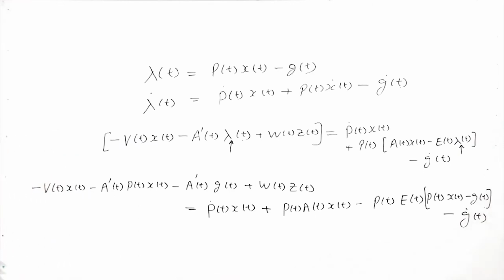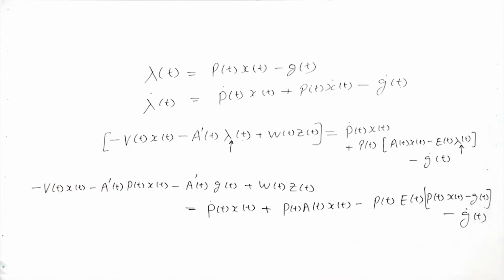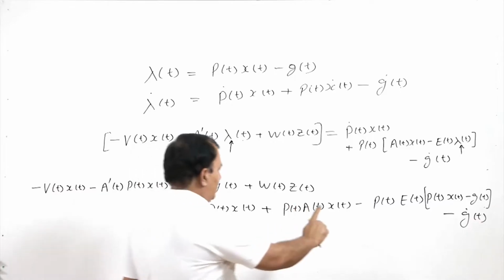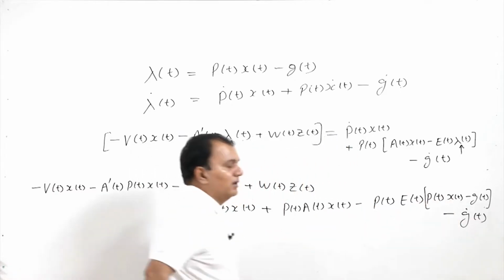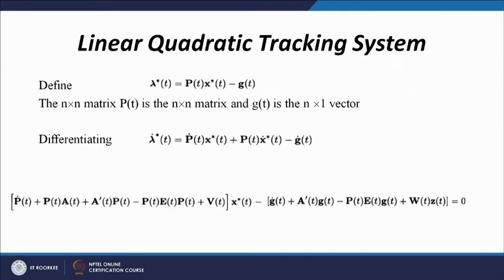If I arrange this equation, I can write p dot t plus p t a t minus p t e t p t, multiplied with x of t, plus V t x t, which we get from this side, minus g dot of t plus a prime t g t minus p t e t g t plus W t z t equal to 0.